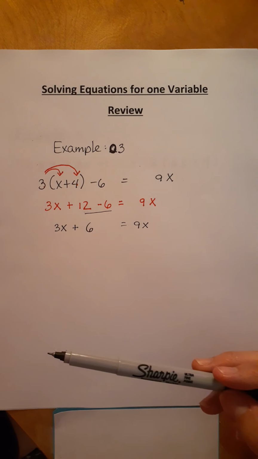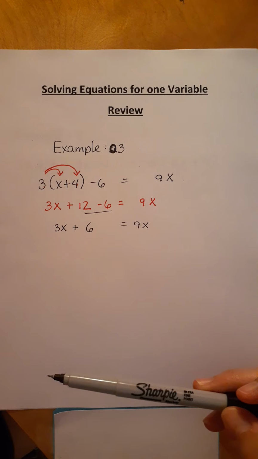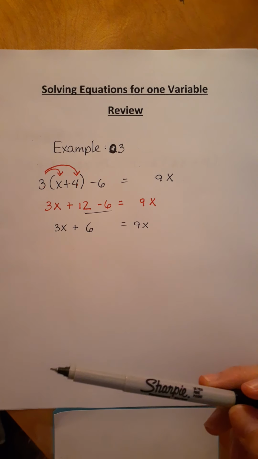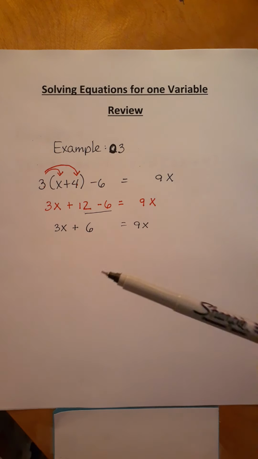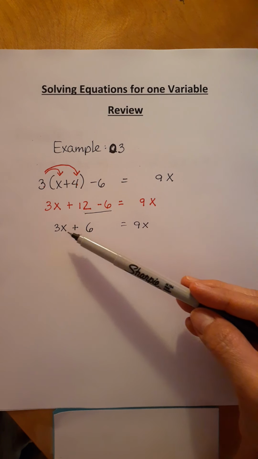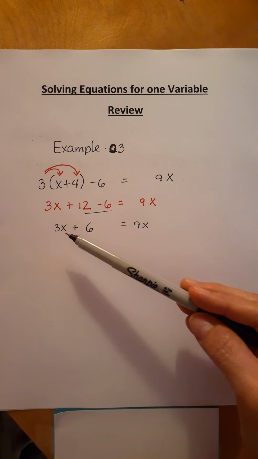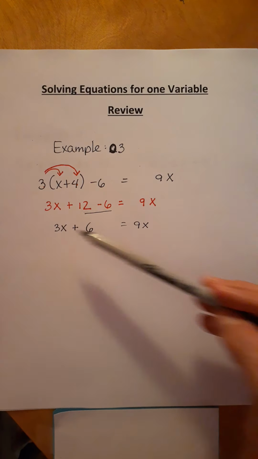It's just another thing to worry about. It's an easy way to make a mistake. So I highly recommend that you move the smaller term, as in the coefficient with the smaller number. So 3x and 9x, 3 is smaller.